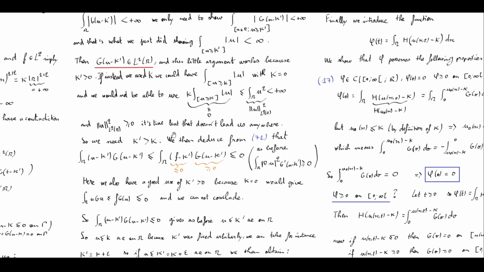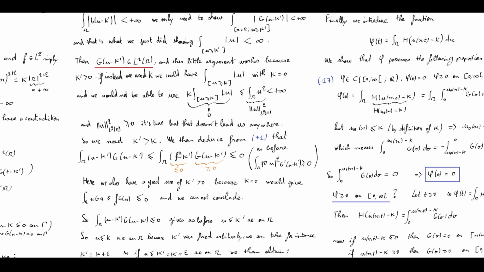We then deduce from 71 that the integral on omega of u minus q prime times g of u minus q prime is smaller or equal to the integral on omega of f minus q prime times g of u minus q prime, which is smaller or equal to 0. And we also know that f minus q prime is negative and g of u minus q prime positive.